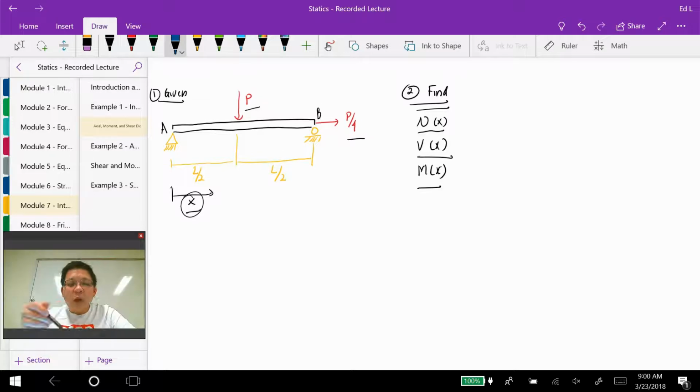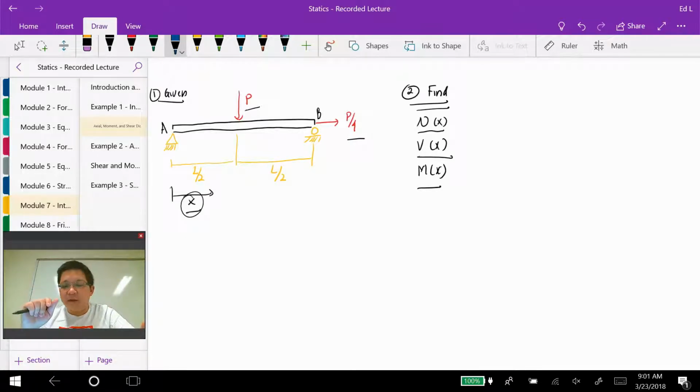When I solve this problem, the first thing I like to do is to define the ranges. These ranges are determined based on the discontinuity that is introduced by either a point force or moment, or a distributed force applied to the beam, or by the reaction supports that exist in the beam.